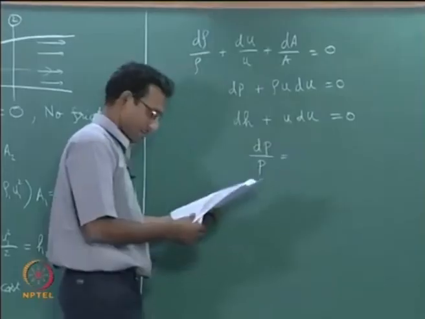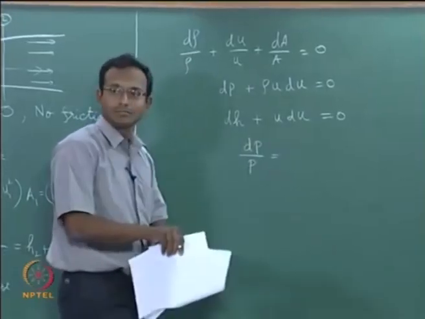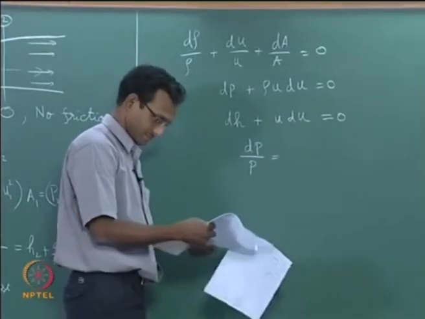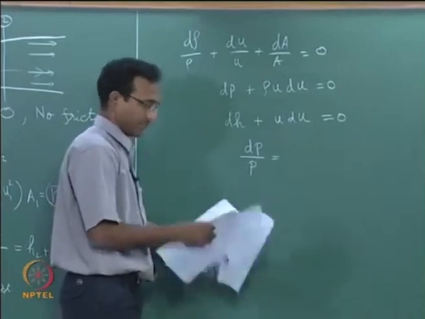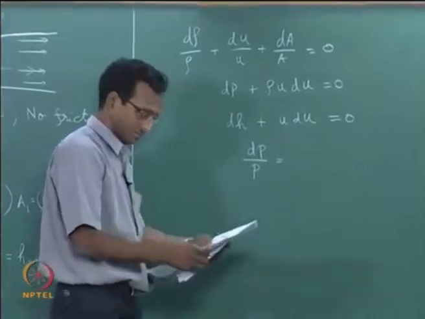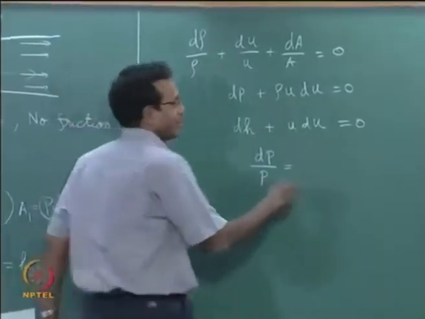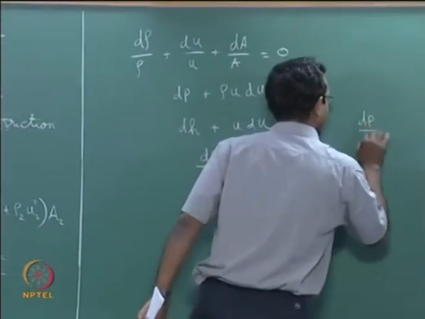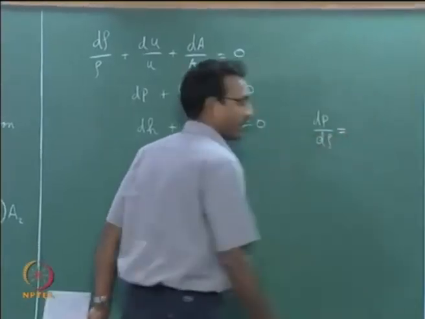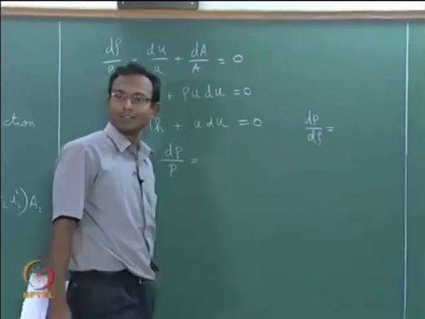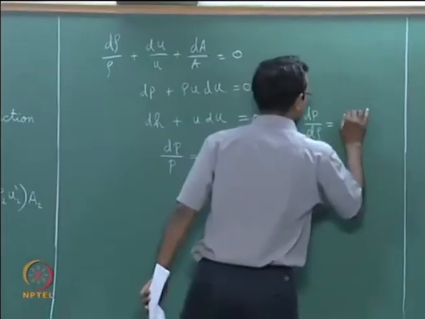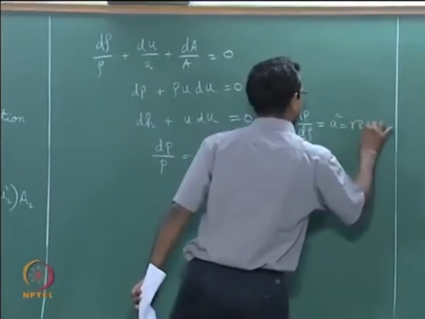What will dP by P be? Anybody directly remembers it? If you do not remember this, the easy way to derive it is: dP by d rho is what for isentropic? a squared, which is gamma RT.